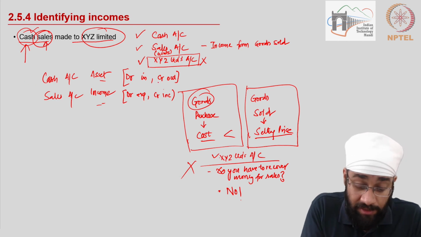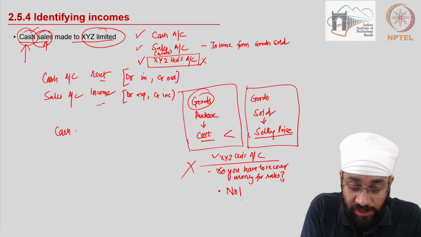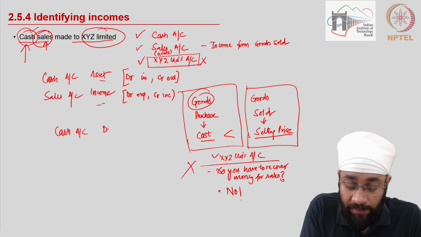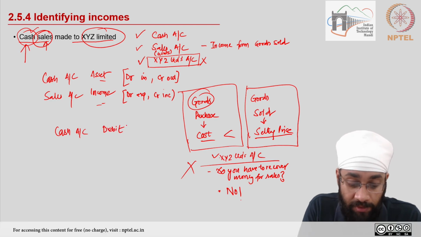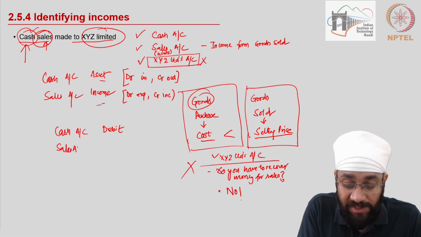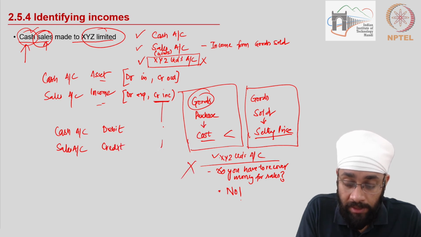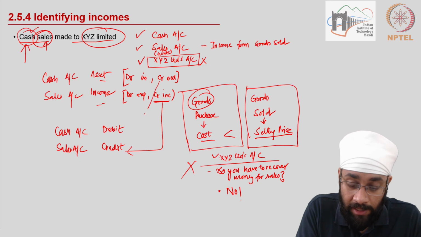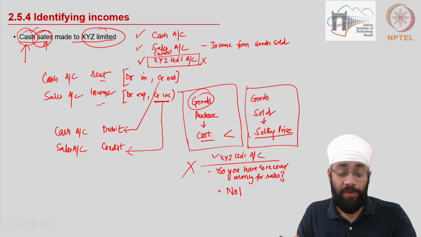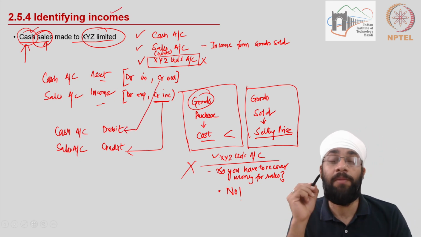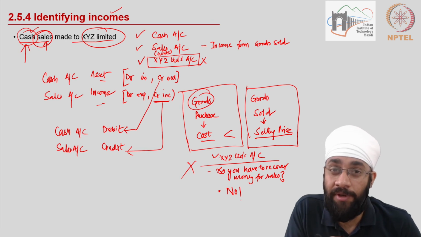So going by the rule, I'm going to say cash account debit because it is coming into the business. On the other hand, you have sales account, which is an income account, and credit all incomes, and I'm going to say credit. So I'm utilizing this rule here and this rule here. There you go. That's how you identify income and you decide if it is to be debited or credited.